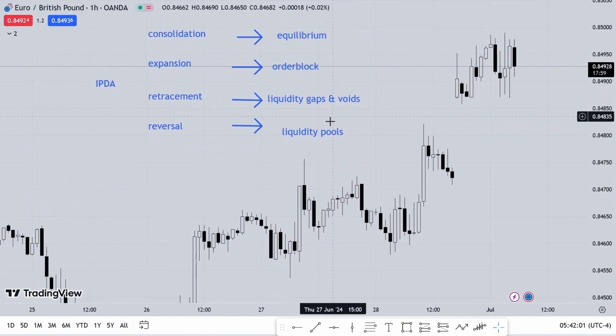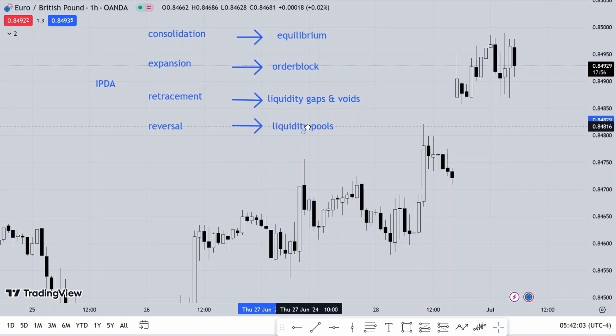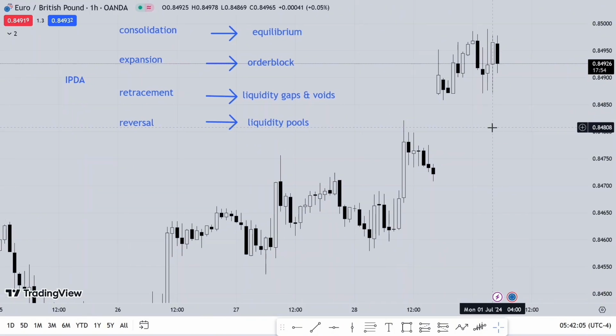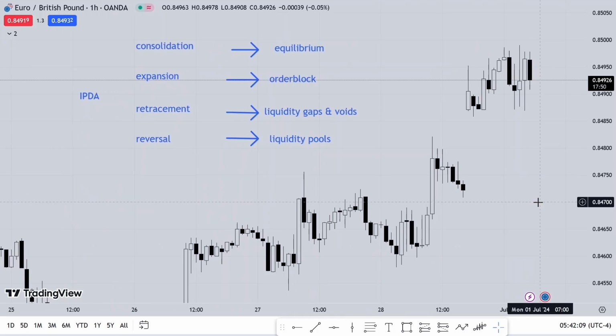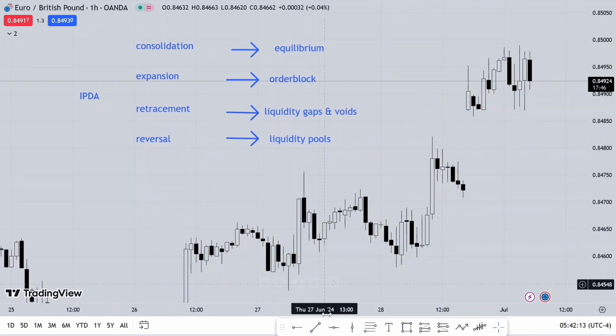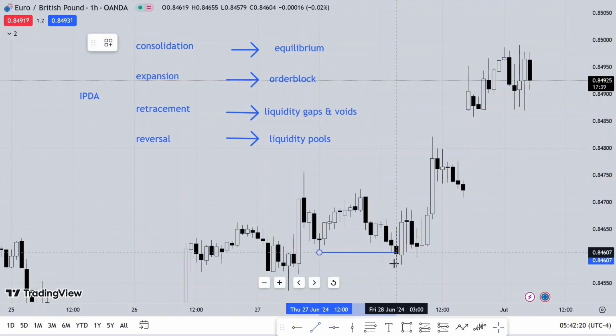So an example of a reversal leg is something like this. Examples of a reversal leg is this.